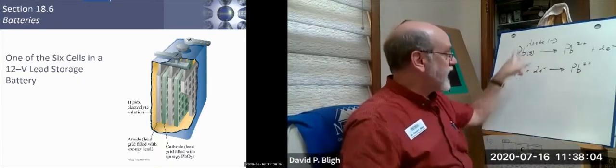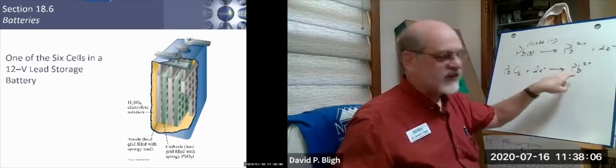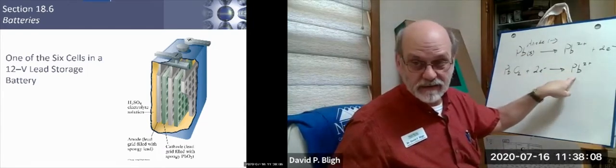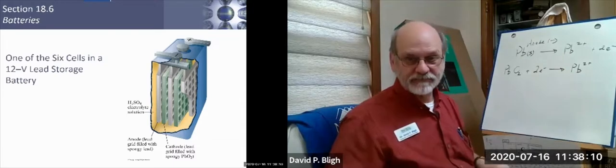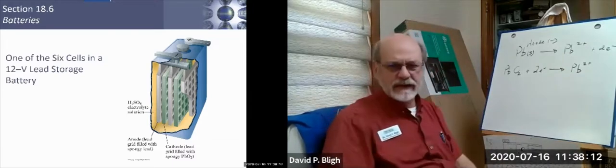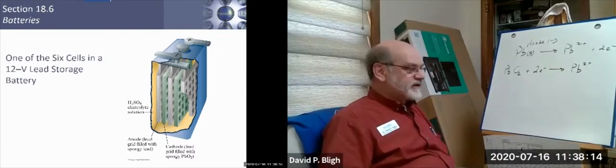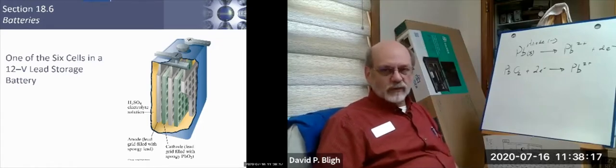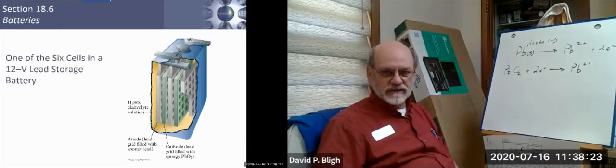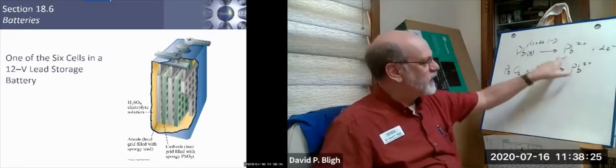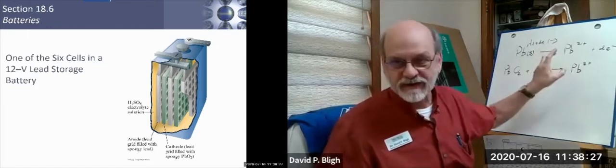That for each of these half reactions, you get the same lead on this side. So what does that mean? That means that you don't need a salt bridge. You can immerse both of those plates in the same solution because their products are exactly the same, right?